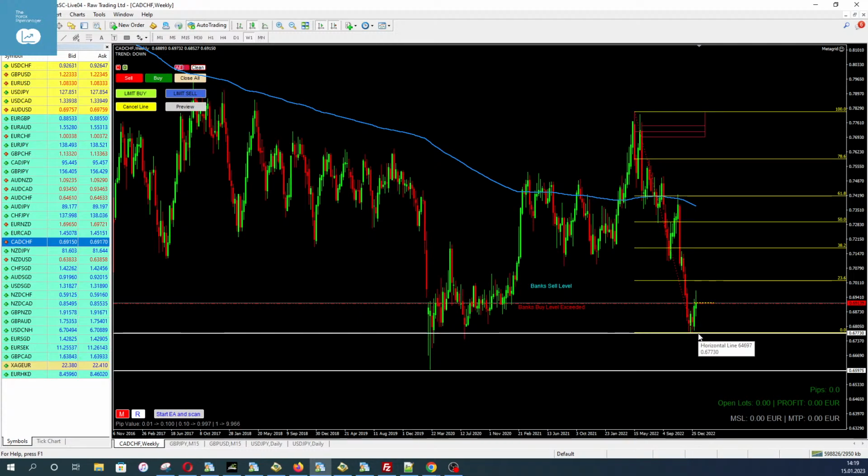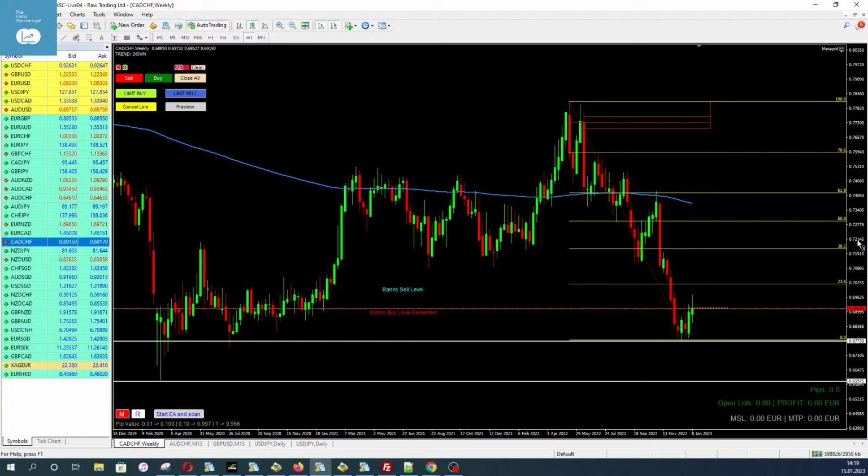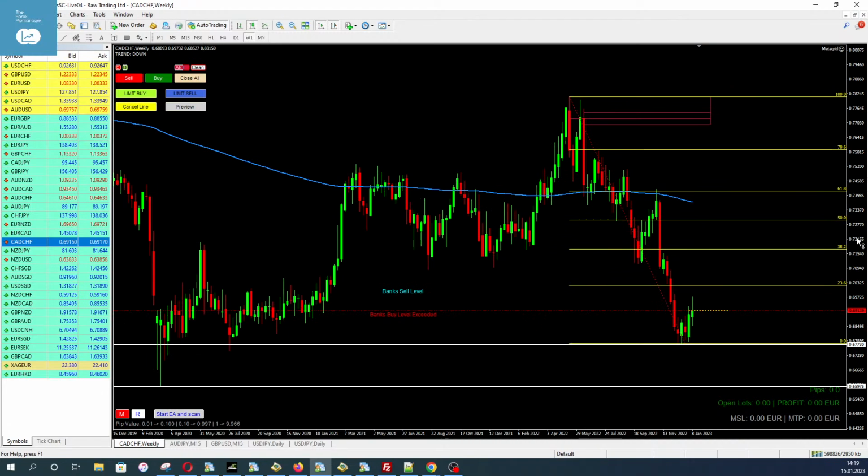I would wait for the price to break this support line. As long as this pair does not break this support line, I would stay in buy trades or look out for buy trades. So at the moment, I most probably wouldn't open a trade on this pair until we get more conclusion on what it wants to do.